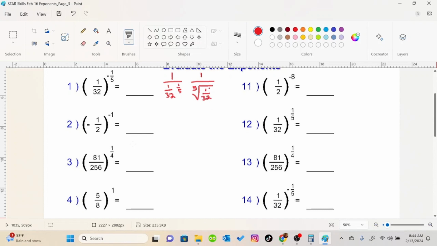And the 5th root of 1 over 32 is 1/2. And 1 divided by 1/2 is the same as multiplying by its reciprocal, which is 2 over 1, and 2 over 1 is 2.